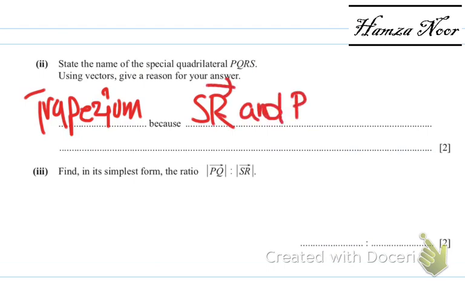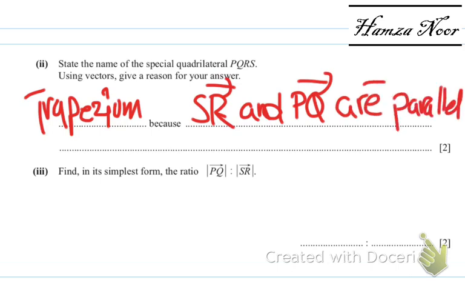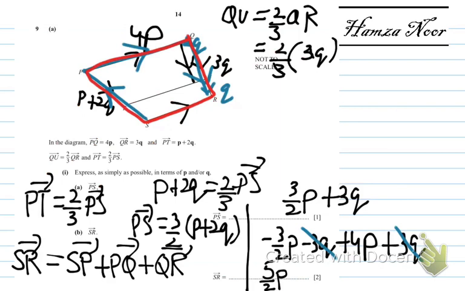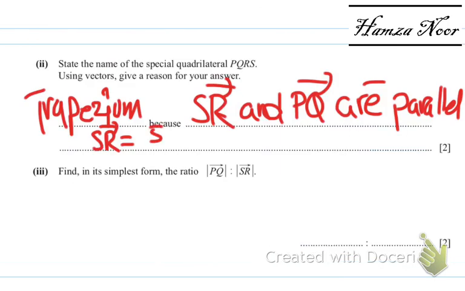SR and PQ are parallel, and you can also state the reason that SR is equal to 5 over 2P and PQ vector is 4P.